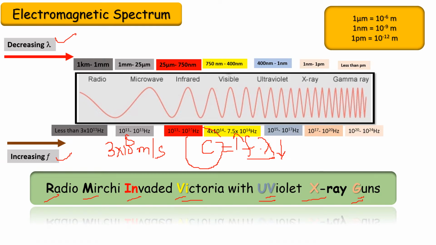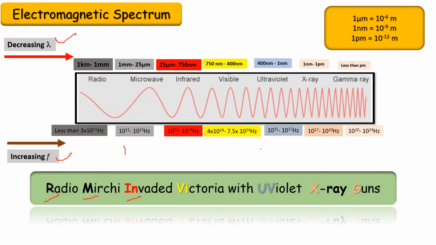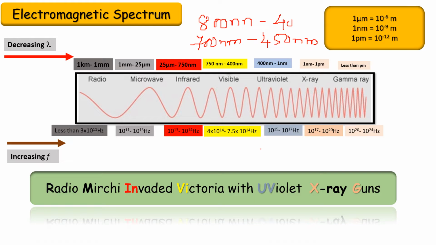We also saw the range into which these various radiations fall. But I also told you not to remember these values. These are not strict values, especially at the boundaries. For example, if we consider the visible range, in some books they give 700 nanometers to 450 nanometers, or in some textbooks and reference books they give 800 nanometers to 400 nanometers.